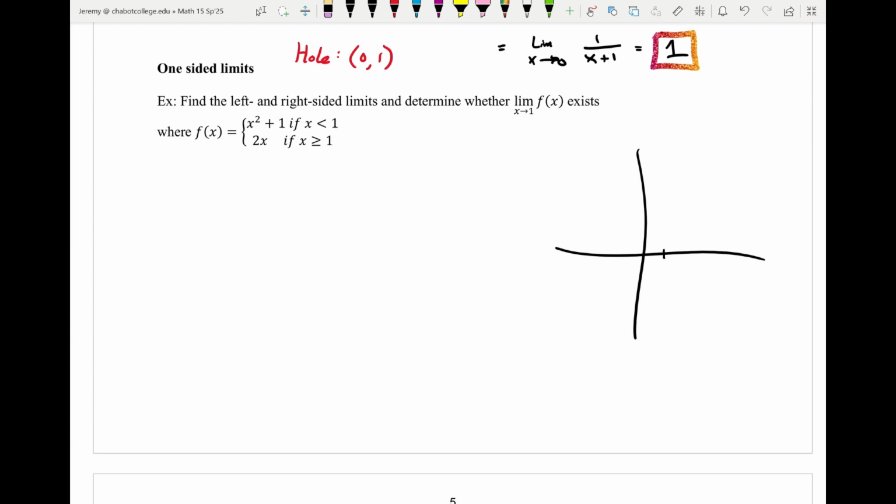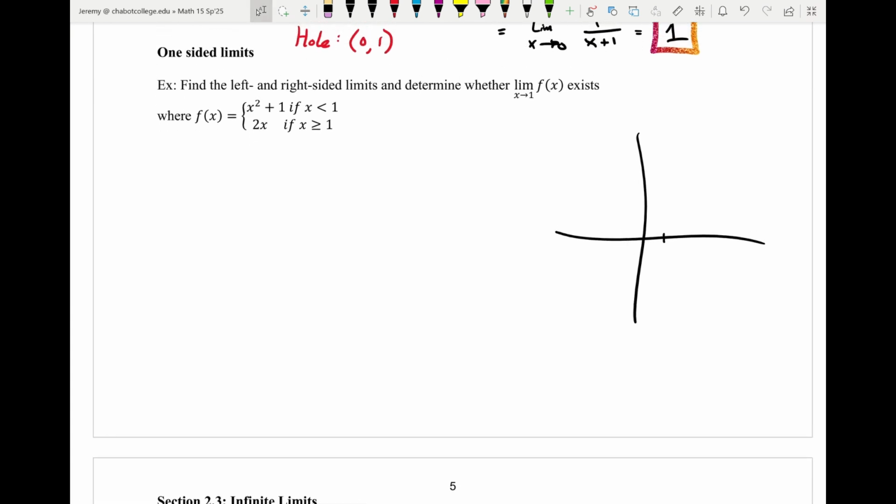We're going to have to be on our toes, and we're going to have to pay attention to the left and right limits individually to make sure that this two-sided limit exists, or find out that it doesn't exist. So let's look at each of these. So how about we start with the left limit? So the limit as x approaches 1 from the left of f of x.